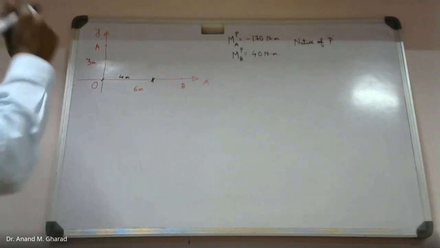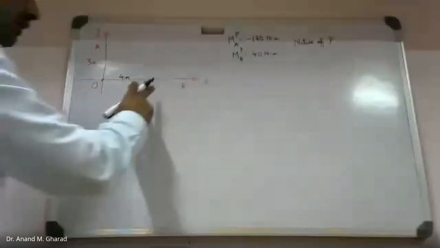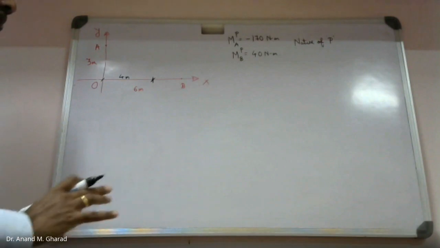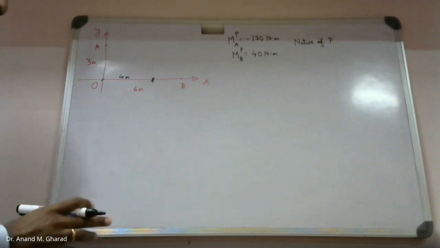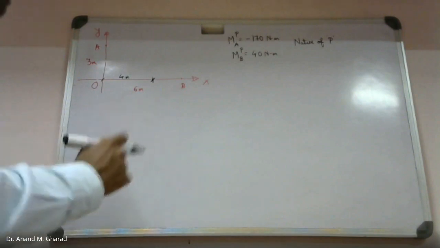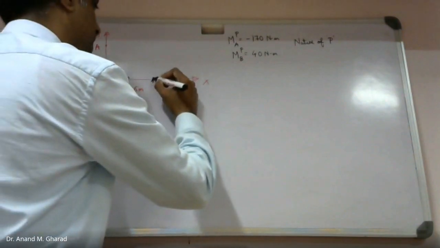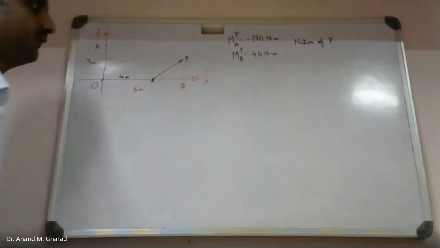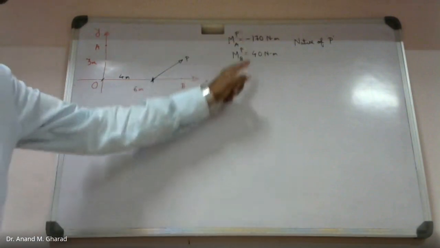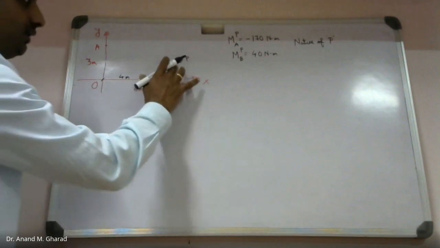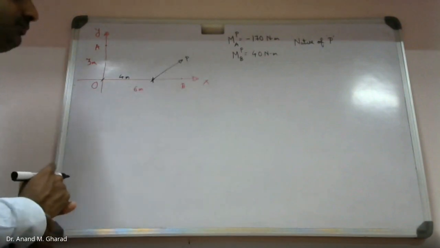So it is very much desirable to consider any inclined force as per your convenience. You don't mention the angle of inclination because you don't know what the angle of inclination will be. So just simply assume the force to be acting in this manner. Finally, based on our calculation, the exact nature will be found out. But initially, you can assume the nature of the force to be like this.